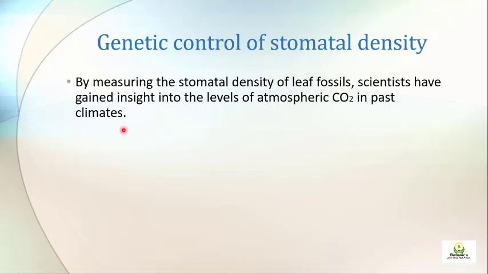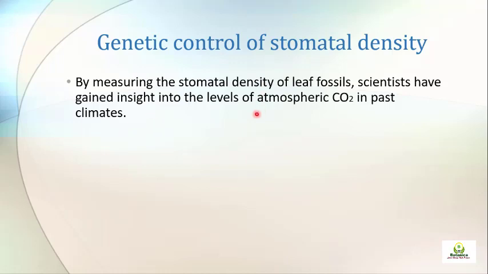CO2 concentrations are constantly increasing in the atmosphere because of the abundant use of fuel and other factors responsible for CO2 production, and it is accumulating. 100 years ago, or 50 or 70 years ago, when the world was not industrialized, the concentration of CO2 was very low, and that concentration also affected the number of stomata, as we discussed previously.